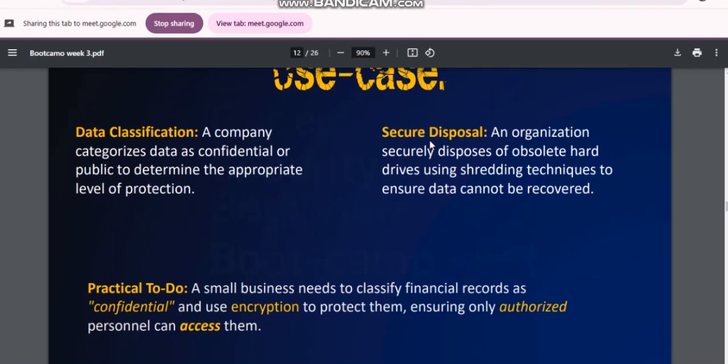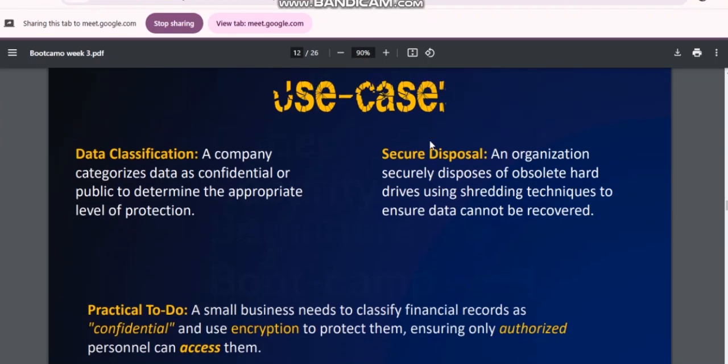Secure disposal also, just like you rightly mentioned: an organization securely disposes of obsolete hard drives using shredding techniques to ensure data cannot be recovered. Then practical to do: a small business needs to classify financial records as confidential and use encryption to protect them, ensuring only authorized personnel can access them.